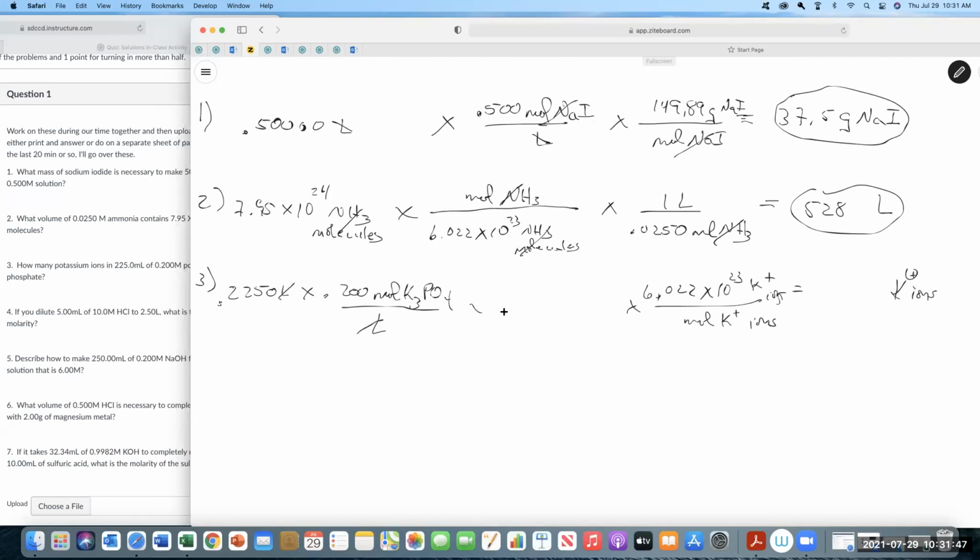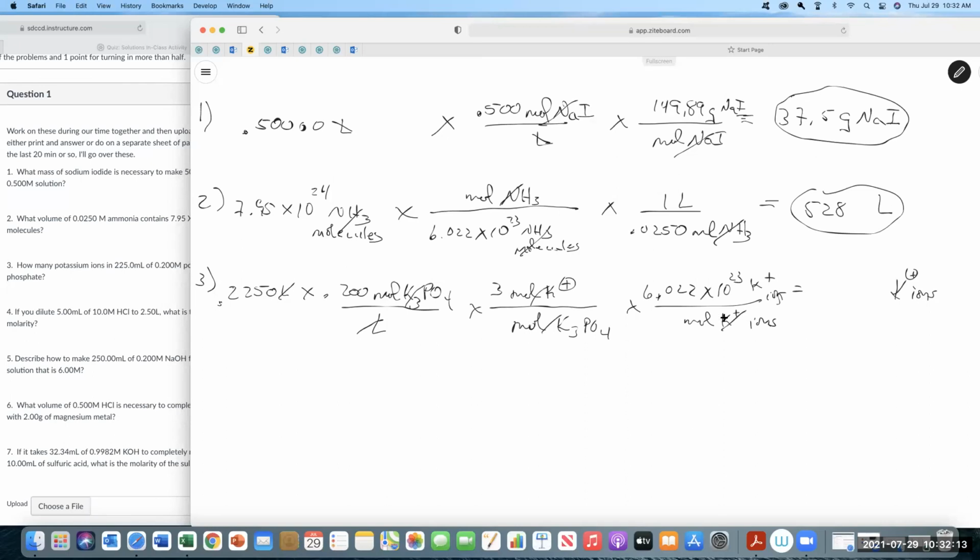And now it almost screams at me, what unit do I need? I need moles of K plus per mole of K3PO4. And you've done stuff like this. You did this back on exam 2 and homework 4. We know that there's 3 moles of K per mole of K3PO4.